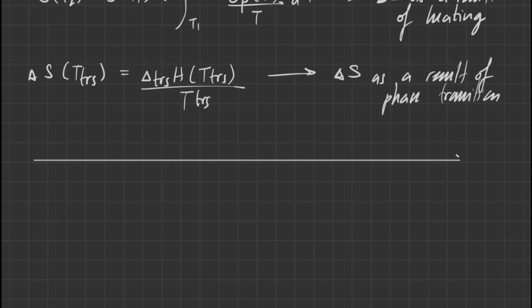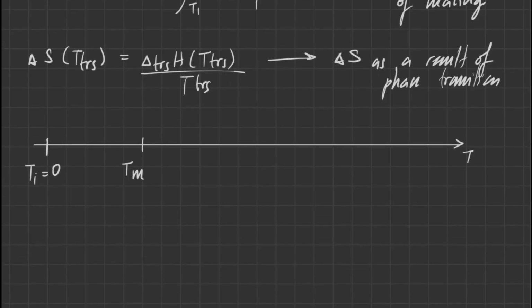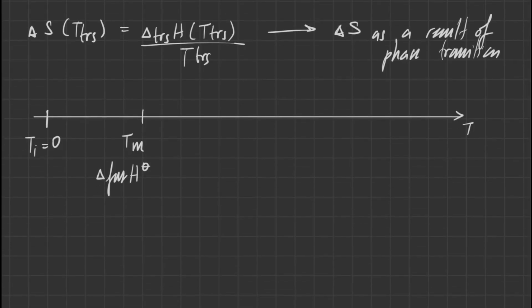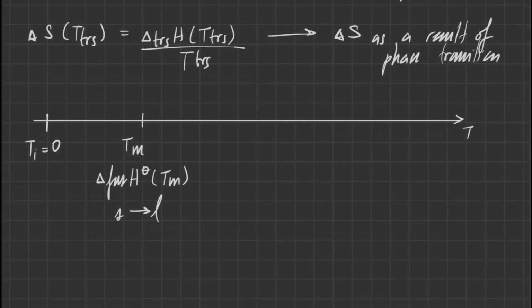Okay, so just to make things clear, here is an axis with T. So this is the initial temperature, which is equal to 0. Then we have our melting temperature. So this is where the standard enthalpy of fusion at the melting temperature is relevant. So this is where the solid becomes a liquid or vice versa.